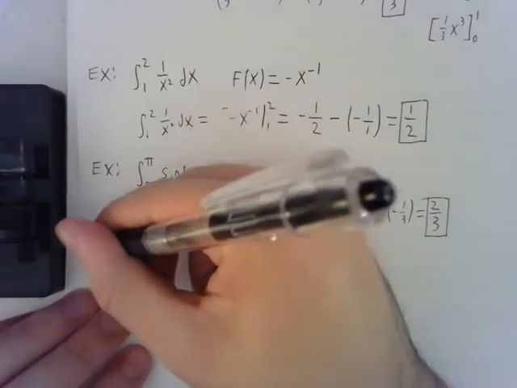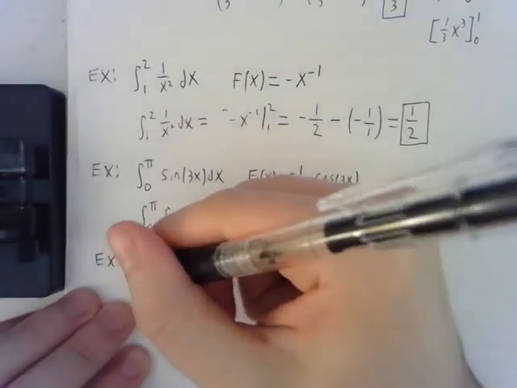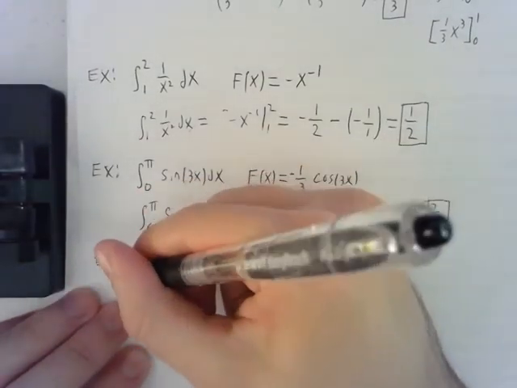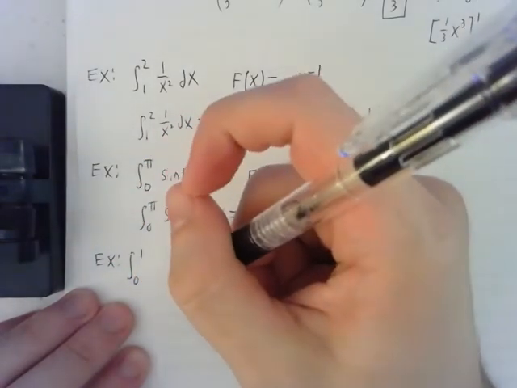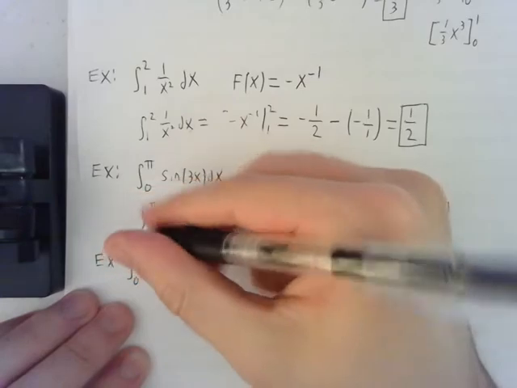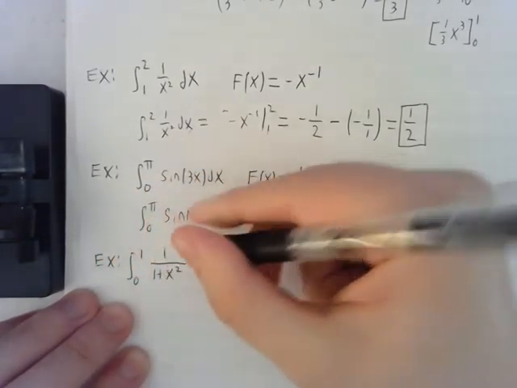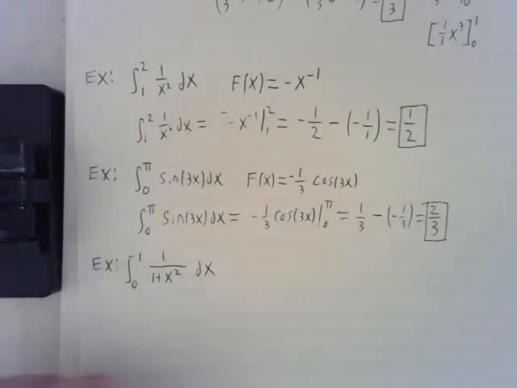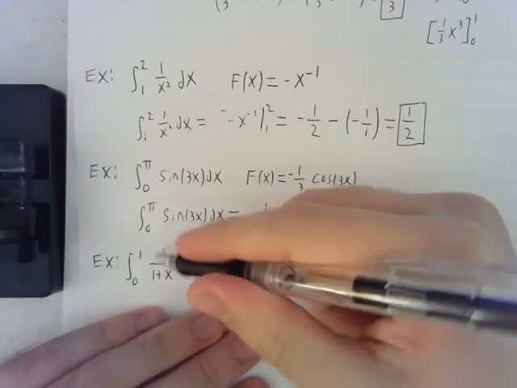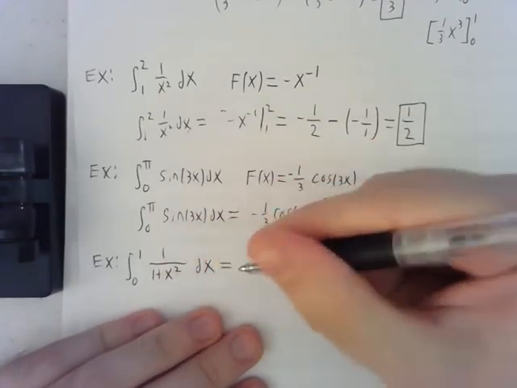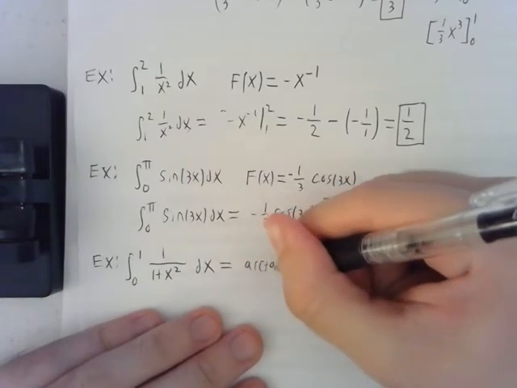Okay, and let's do one more example in this video. So let's find the integral from 0 to 1 of 1 over 1 plus x squared dx. Okay, so the antiderivative of 1 over 1 plus x squared dx is arctan.